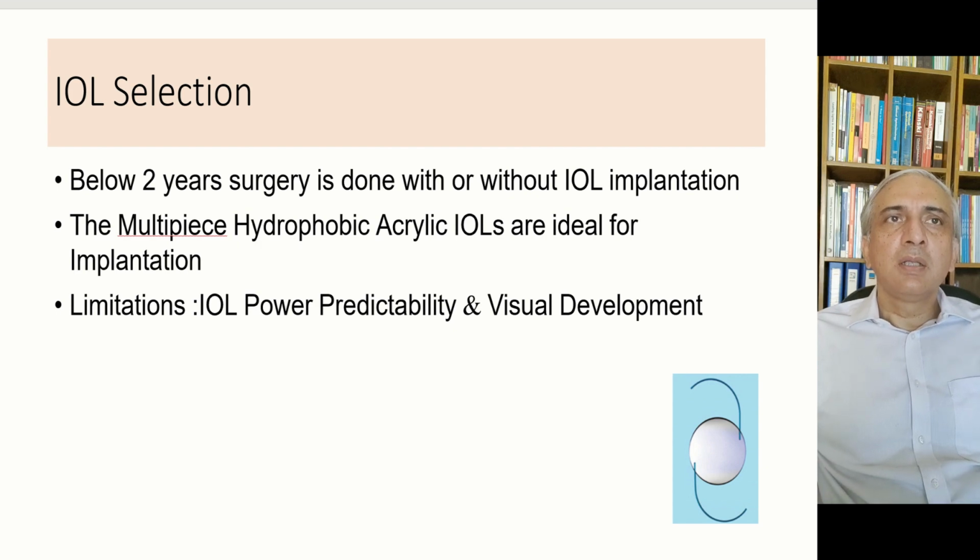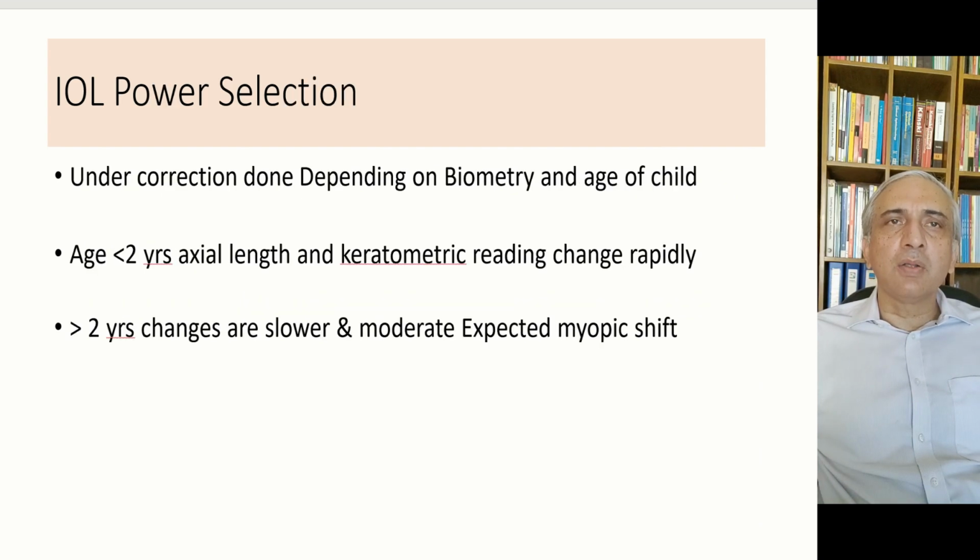If you're doing it at less than 2 years, multi-piece hydrophobic IOLs are ideal, and you should put them in the bag. Then comes the predictability of IOL power calculation and visual development. That is another problem in children. So IOL power is under-corrected depending on the biometry and age of the child.